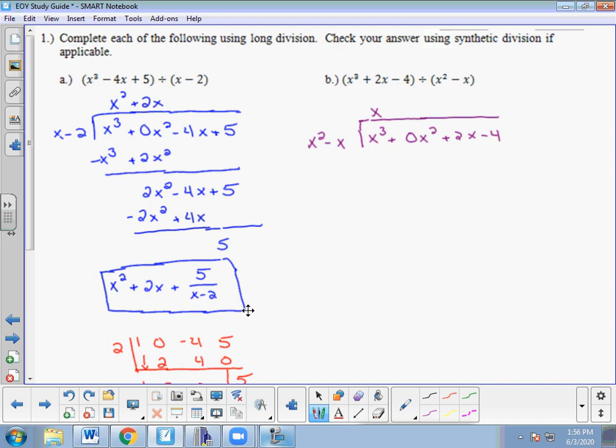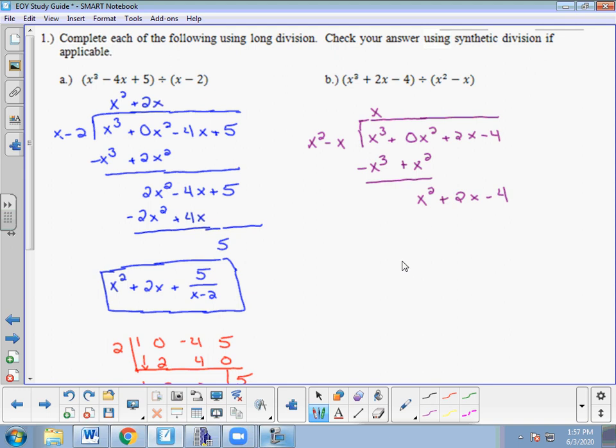X times x squared is x cubed. X times negative x is negative x squared. I need to subtract both of these terms. And that would give me, the x cubes would subtract to 0, and that would give me x squared plus 2x minus 4. I repeat the process. So compare the first term of the divisor to the first term of what is remaining, x squared and x squared.